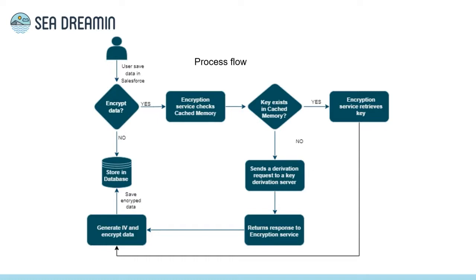It checks first in the cache memory whether a matching data encryption key is available there or not. If it is available, then it retrieves the encryption key. If the matching key is not available, then the service sends a derivation request to a key derivation server, and the response is sent back to the encryption service.